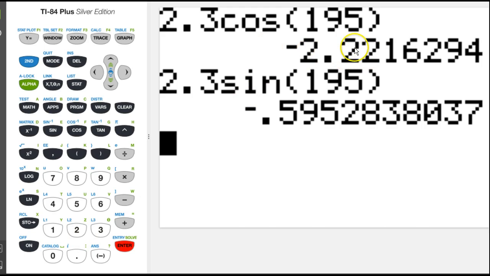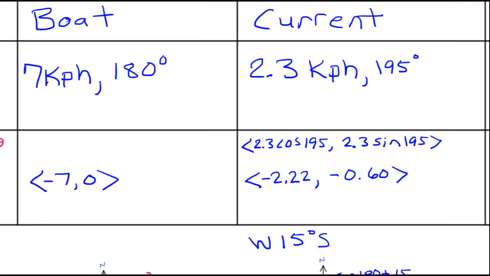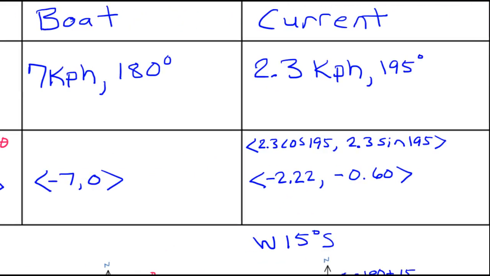So the horizontal component is -2.22, and the vertical component is negative, well, this is going to round up, so 59 becomes 60, so this will be -0.60. And we'll just record that on the chart like this. Now that we have both vectors in component form, in order to find the resultant, all I have to do is add.